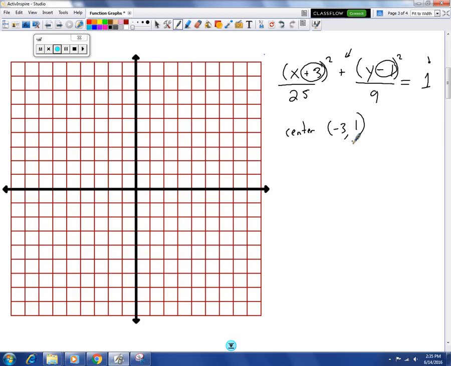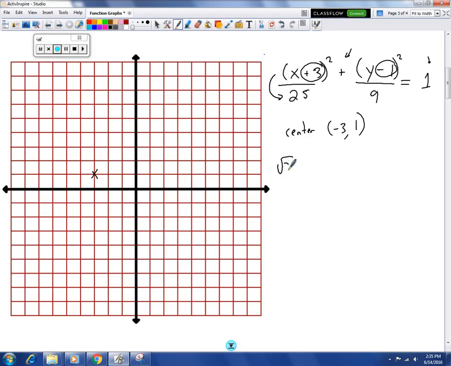So I go onto my grid and I go to -3, positive 1. I'll put an X because this spot is actually not part of the ellipse. It's just the so-called center of it. We don't really have a center of an ellipse because the ellipse is not a circle. It's somewhat flattened. So from there, underneath the X term I have a 25.